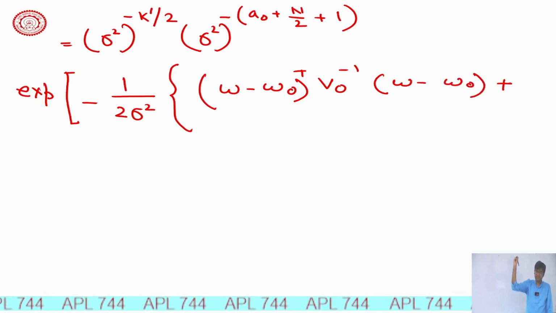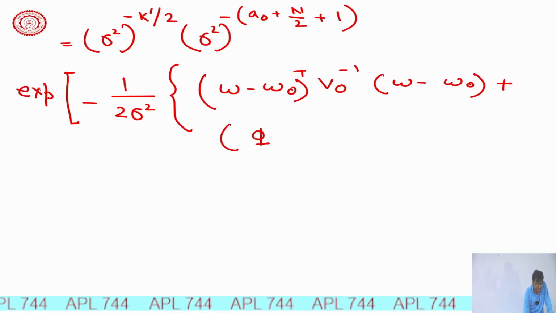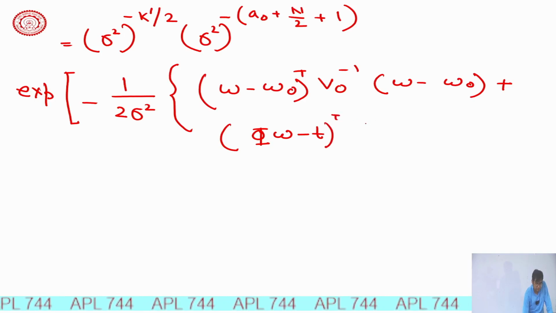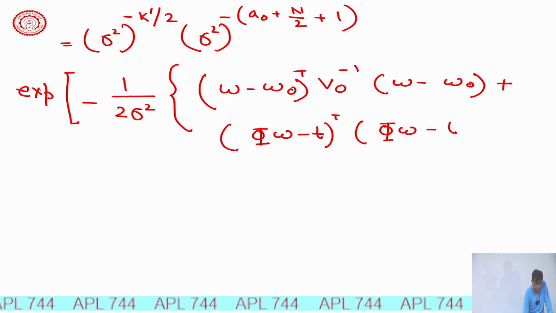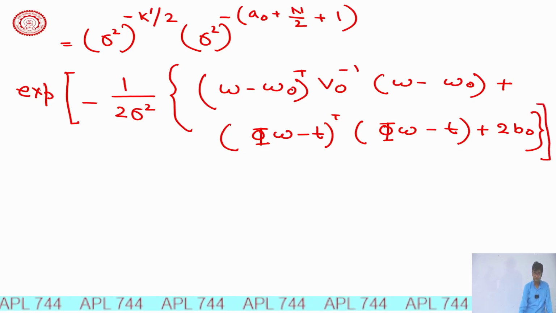Plus B naught I will write at the end. So, 2 B naught I am not writing yet, the likelihood term I am writing now, (phi W minus T) transpose (phi W minus T) plus 2 B naught. Okay.